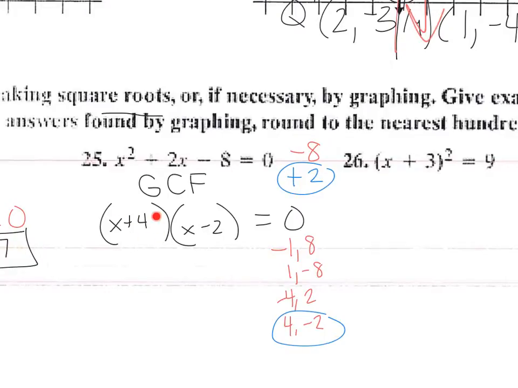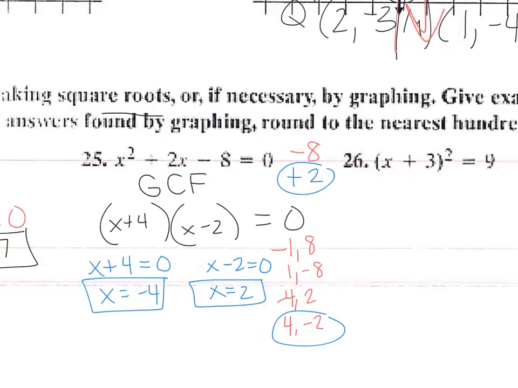Now you have factors that are equal to 0, so use the zero product property. So x plus 4 equals 0 and x minus 2 equals 0. So x equals -4 and x equals 2 is the answer.